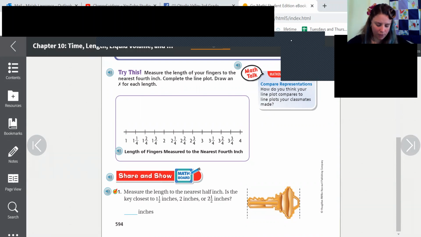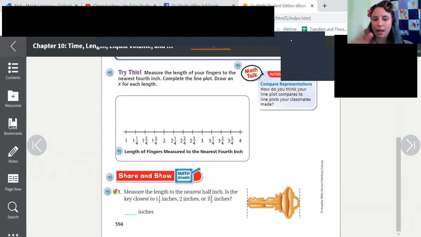I have another finger that's 3 1/4. I have another finger that's 3, and I have another finger that's 2 1/4. You are going to measure all your fingers on both hands. You never know, maybe this hand isn't the same as this hand. And then you're going to put them on a line plot there.